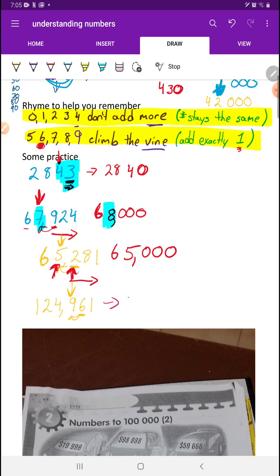So a lot of you are going to be tempted to do this. You're going to put a 10 in here because 1 more than 9 is 10. But that is not a good answer. Don't do that. We know we can't put 2 digits where there's only a 1-digit spot. So the 9 does have to become a 10. That's true. That's absolutely true. But we can't put a 10 in there.